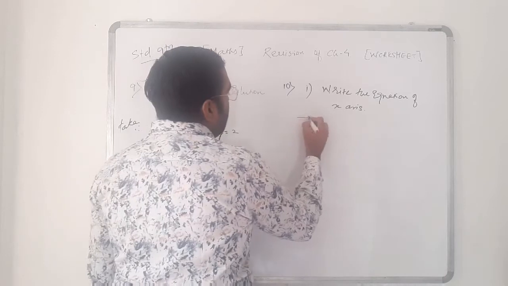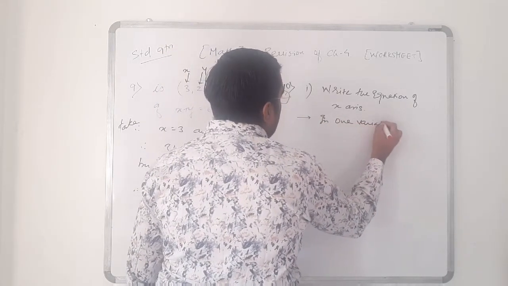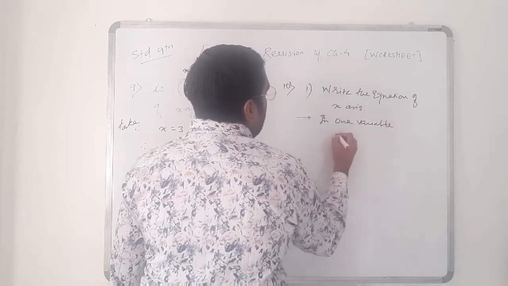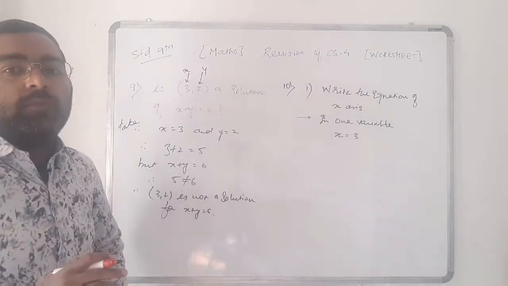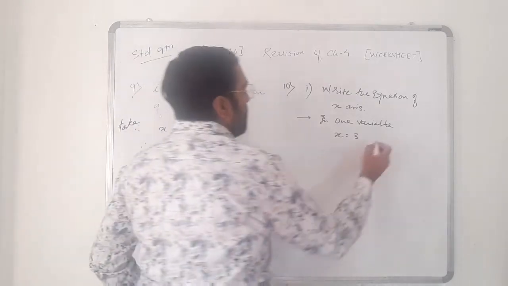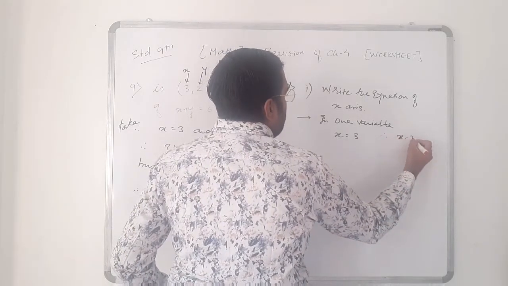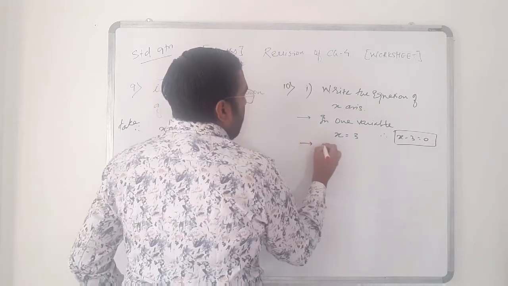In one variable, x equal to 3 is the linear equation in one variable, so x minus 3 equal to 0. This is my equation in one variable.